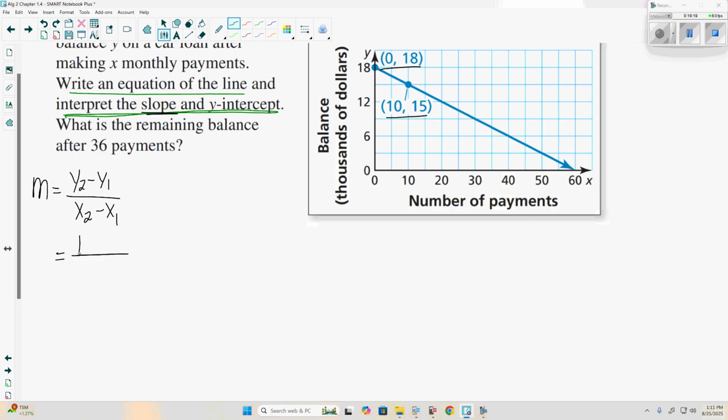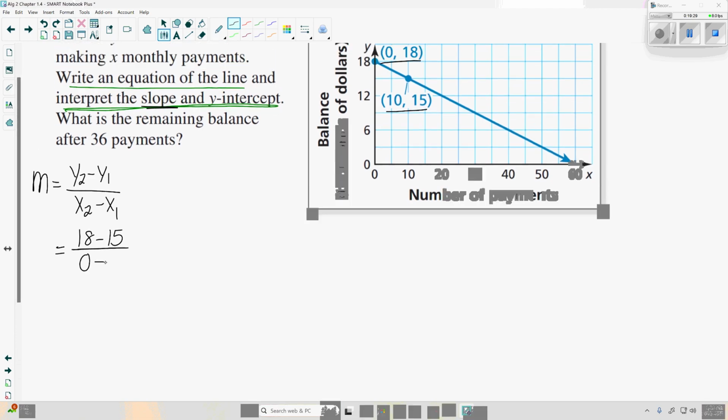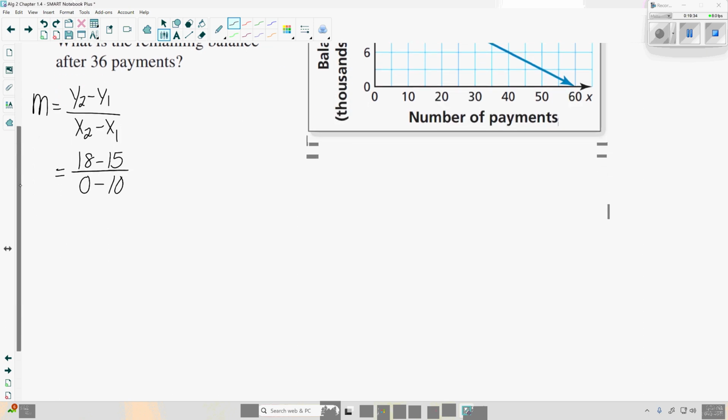18, yes? Minus the other y value would be 15. Now, when we plug this in, the corresponding x value to 18 is 0. Corresponding x value for 15 is 10. We just have to make sure those corresponding values line up.